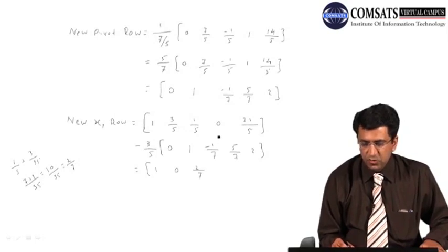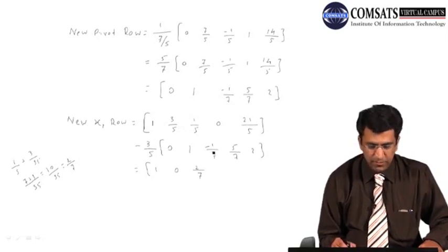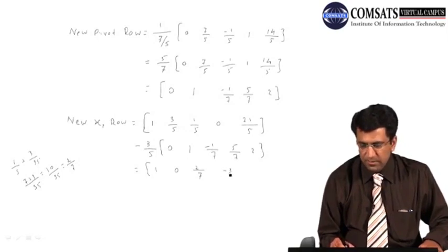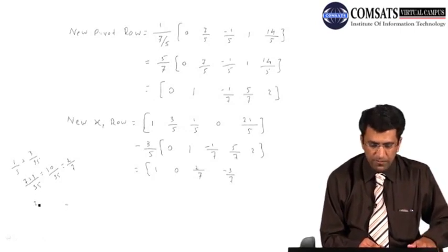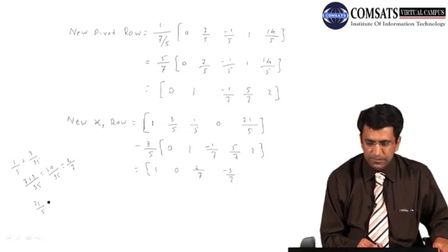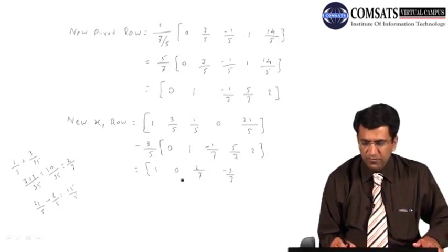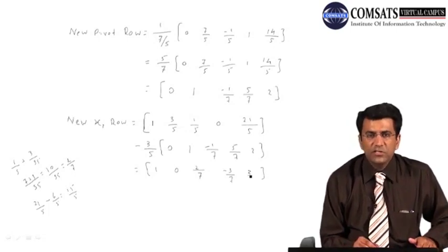The next, 0 minus 3 by 7 will be equal to minus 3 by 7. Then 21 by 5 and minus 6 by 5: if we multiply 2 by minus 3 by 5, this will be equal to 21 by 5 minus 6 by 5. This will be equal to 15 by 5 and it will finally become 3. So 3 is here. So we have computed that new x1 row.